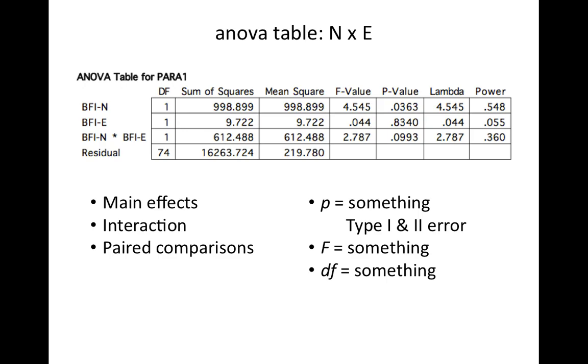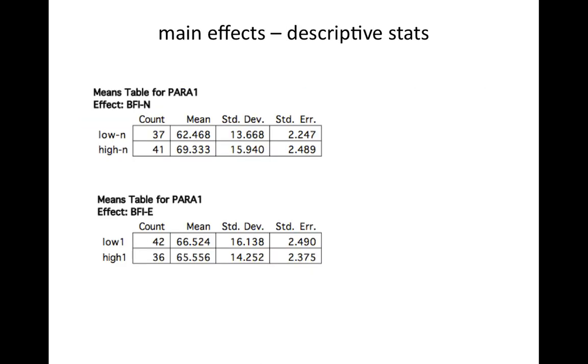And so we've got this range that the dependent variable can move as a function of these two independent variables. Okay, so the important thing here is we're going to be looking at main effects, an interaction, and paired comparisons.